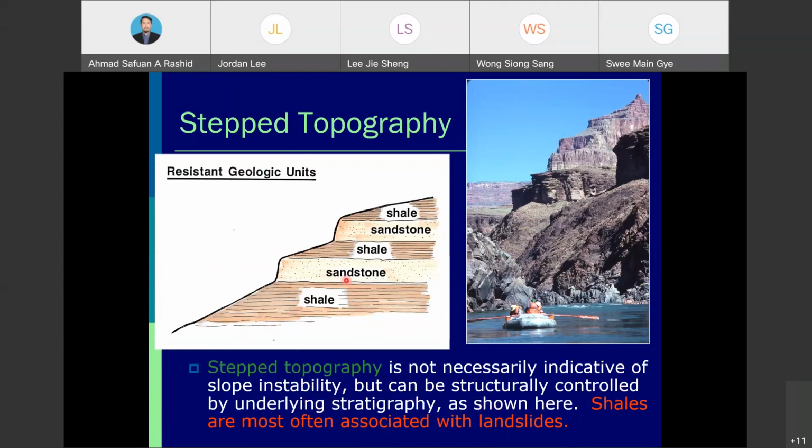Shale is most often associated with landslides. So this stepped topography is most probably safe because it doesn't consist of shale formation. But for this kind of formation, it has shale, so we need to take extra care if we want to do any excavations or any development on this area.